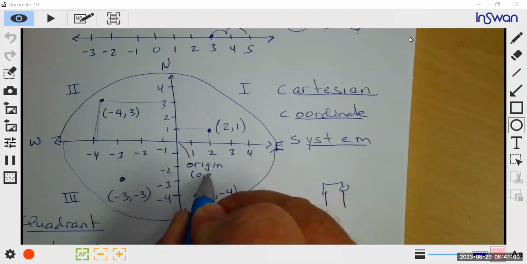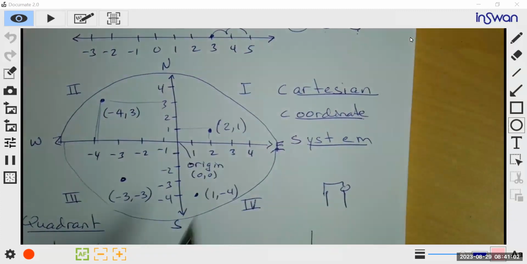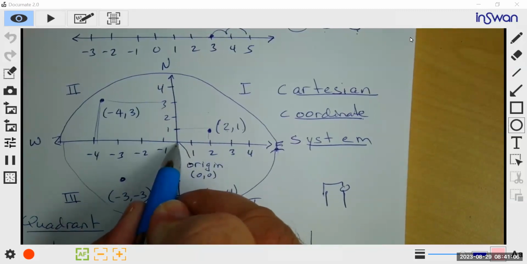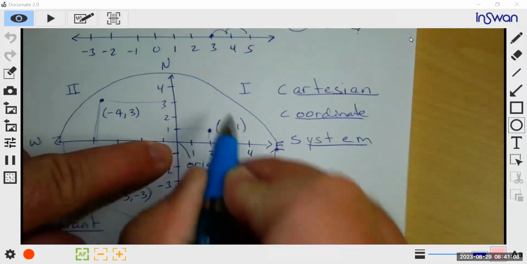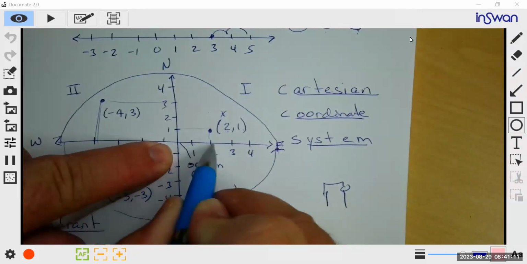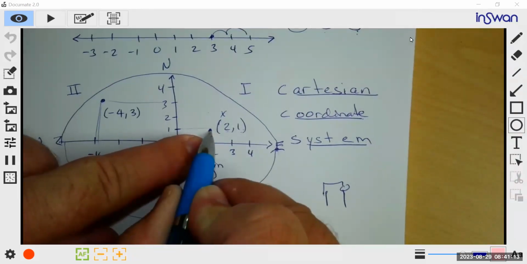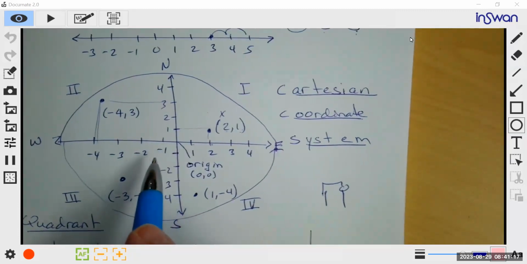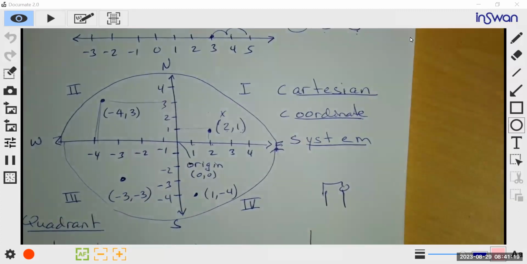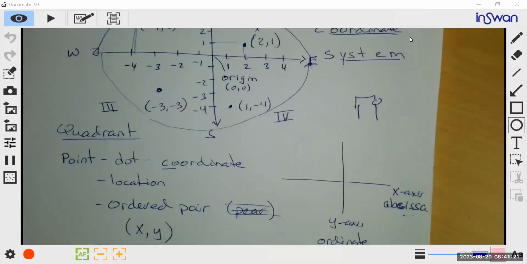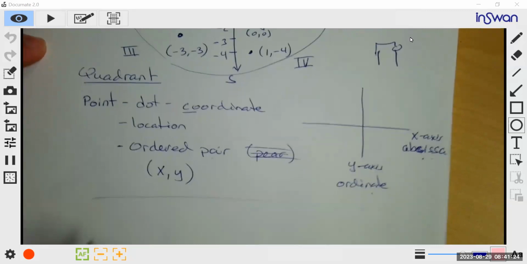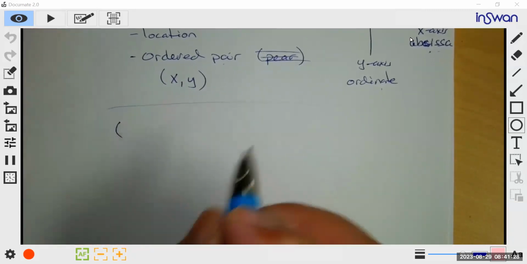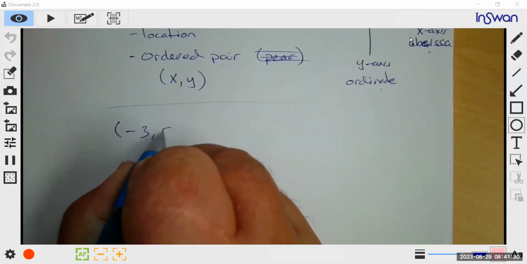It's 0, 0. Very good. So if I give you the coordinate 2, 1, you start at 0, 0. The first number is the x number. So I go 2 over and up 1. And again, it all starts the same way we did it as kids. So tell me what quadrant these numbers are in. If I gave you, what quadrant?